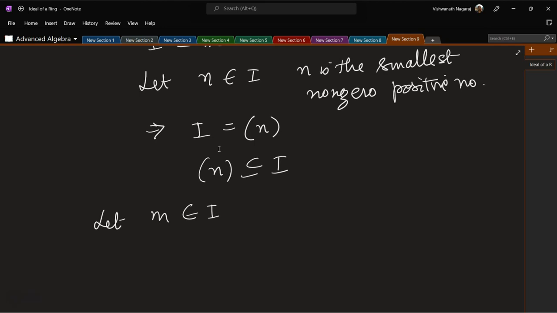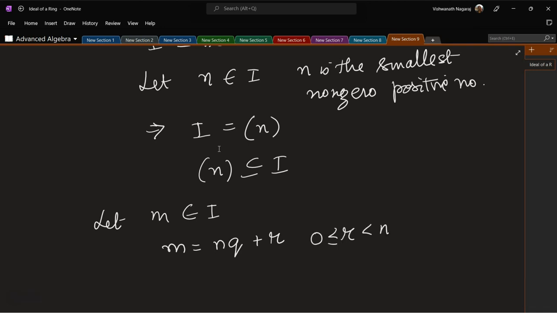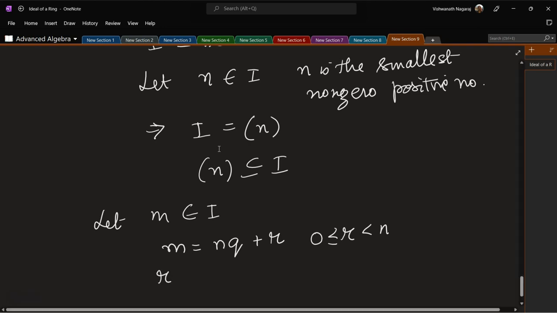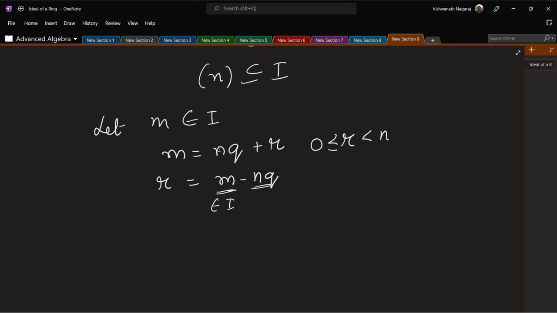Now let M be an element of I. Using the division algorithm, M is equal to NQ plus R, where R is between 0 and N, 0 included. So here we can write this as R is equal to M minus NQ. Here you notice M belongs to the ideal and a multiple of N belongs to the ideal.